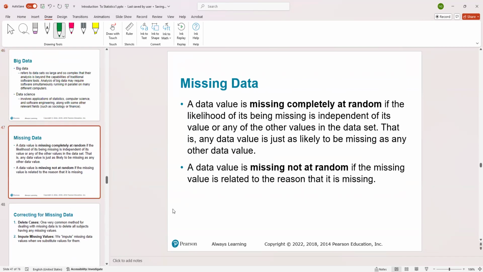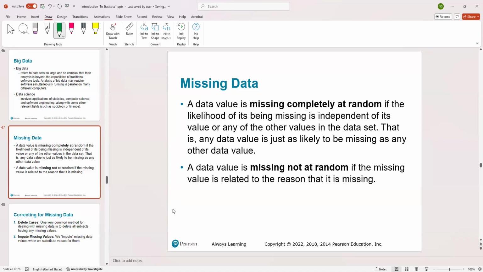Missing data: a data value is missing completely at random. When collecting a sample, it's quite common to find that some values are missing. Ignoring missing data can sometimes create misleading results. If you make the mistake of skipping over a few sample values when manually typing them into a statistical software program, the missing values are not likely to have a serious effect on the result.